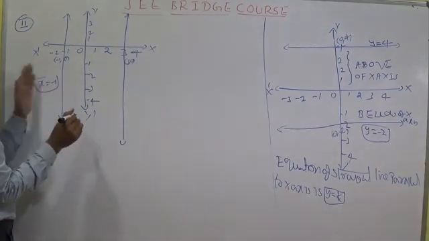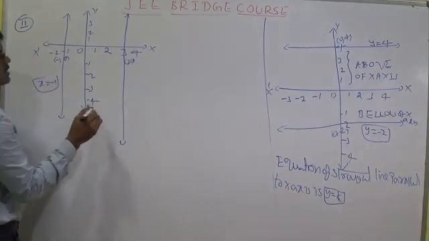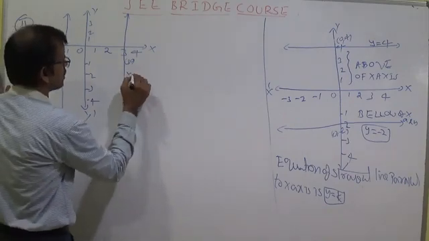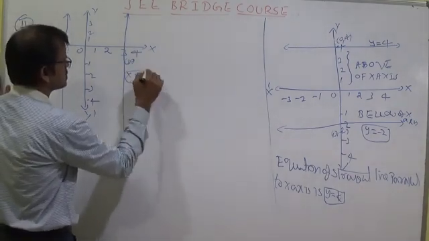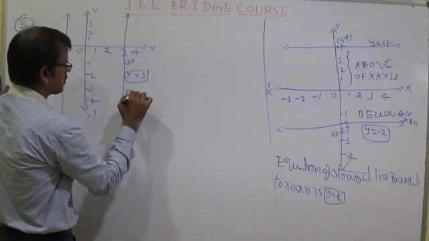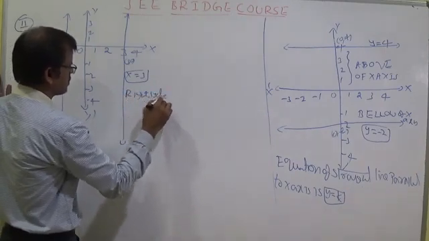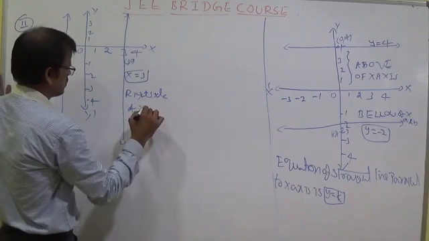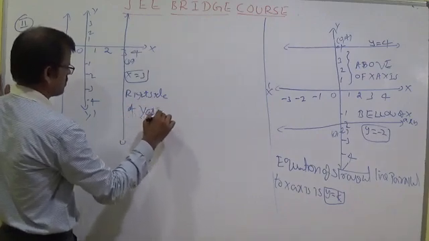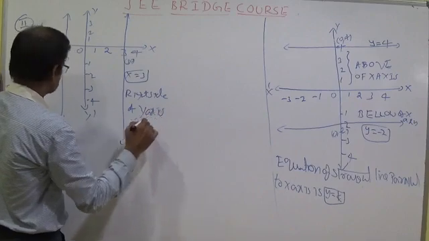This is the left side of the Y-axis. Here you can write X is equal to 3. This is right side of Y-axis.